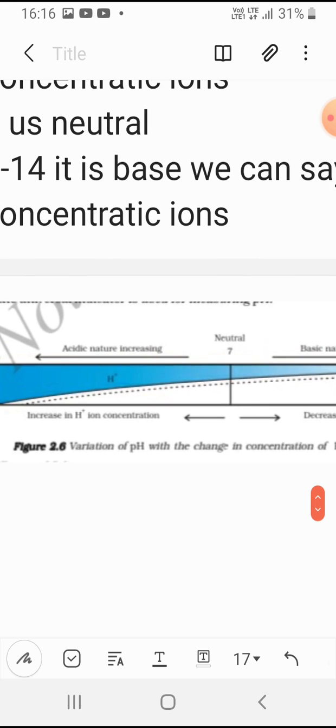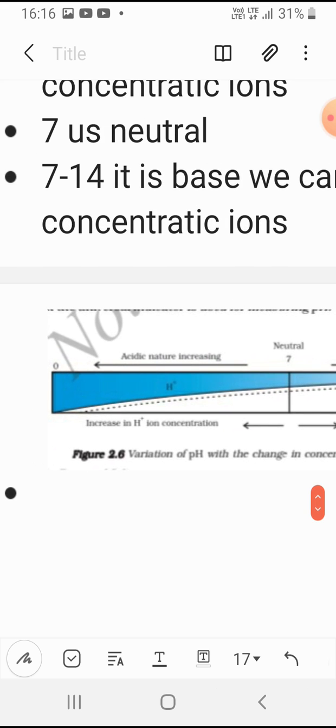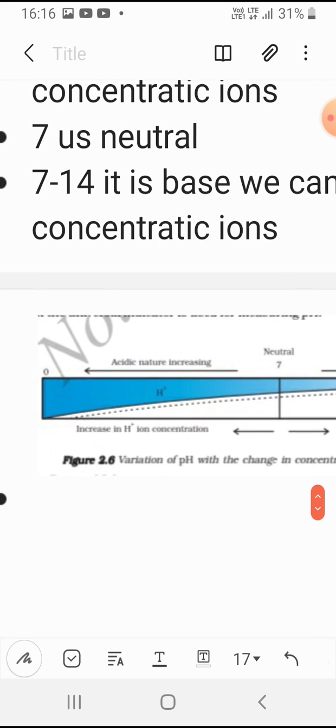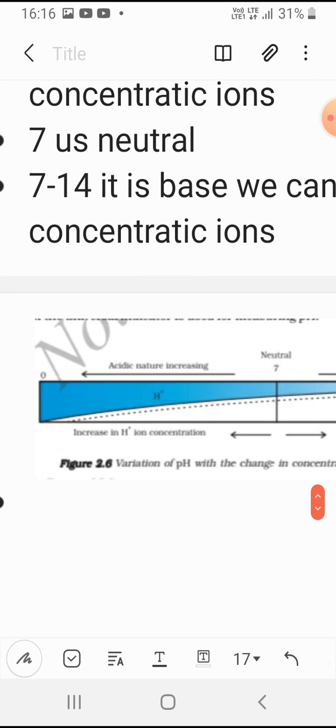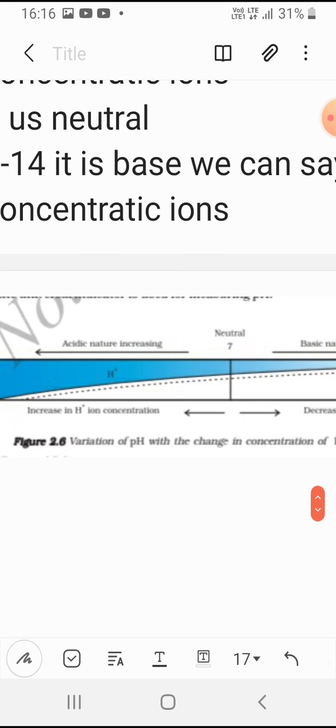And see here, from 1 to 7 it has acidic nature. If you use the universal indicator, or this pH, which is called power of hydrogen, in any reaction or any chemical and you get a number from 1 to 7, then you can say it is an acid, or it has acidic nature.